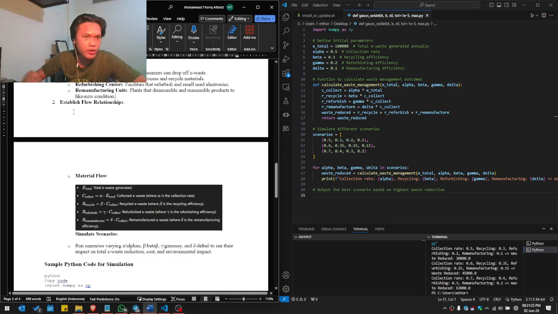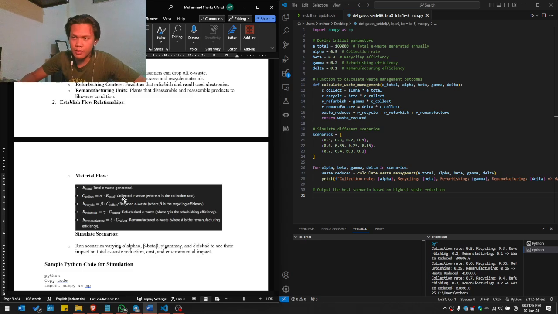I mean the components, and we have our variables. E total is total e-waste generated. C collect equals alpha times E total, and that is collected e-waste. R recycle equals beta times C collect, which is recycled e-waste, where beta is the recycling efficiency.